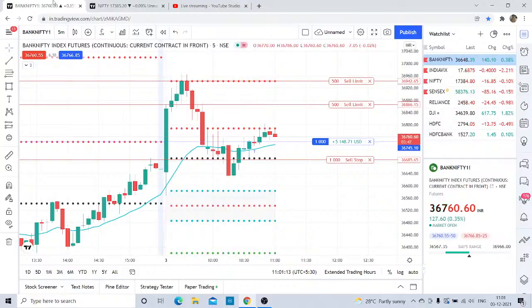I have entered Bank Nifty at this position, at this location, and this is my stop loss, and these are my targets, target 1 and target 2.